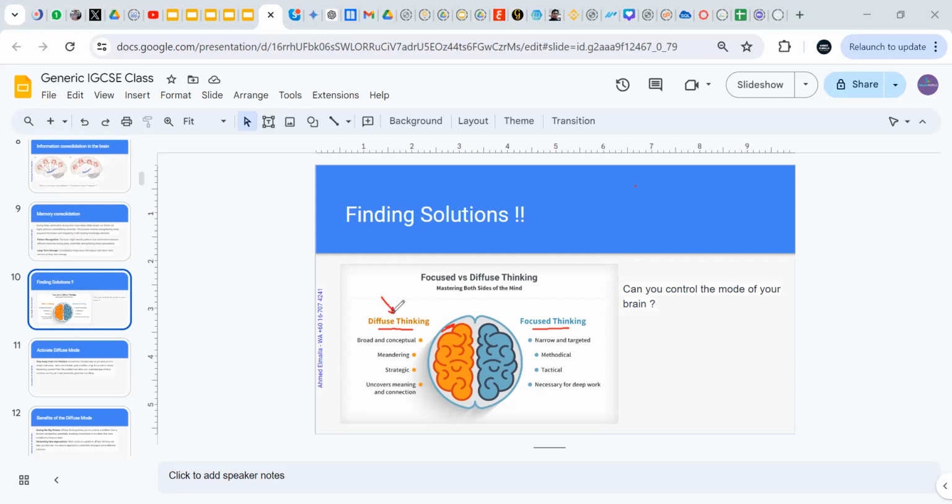You are very relaxed. You're not thinking about anything. You are just opening your eyes or even closing them, but thinking about nothing. When you are relaxing, you are putting your brain in the diffuse thinking mode. And this is the mode where you are able to solve problems, where creativity actually happens.